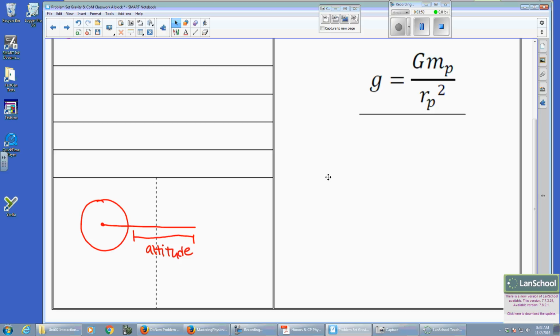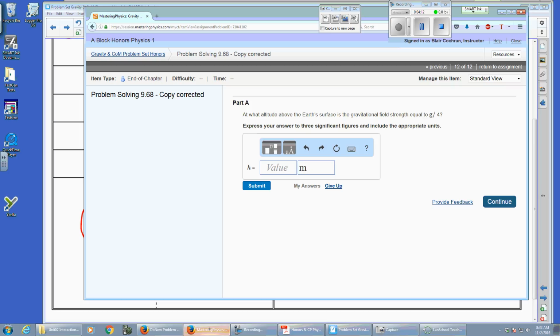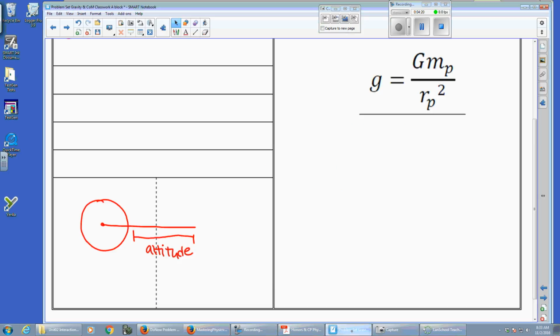So I know that RP goes from the center of the planet out. And let's see, what am I looking for? I'm looking for what altitude above the Earth's surface the gravitational field strength is G over 4. Well, I know that G is at the Earth's surface.